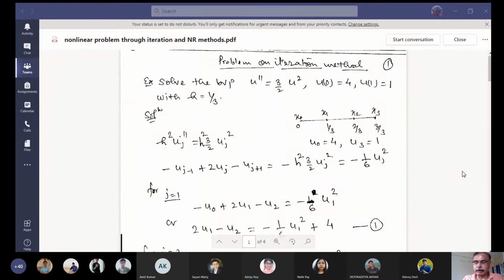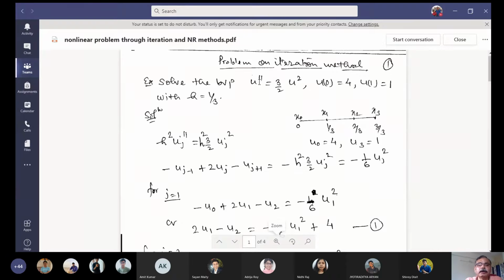That will be applied once the differential equation is discretized and you see it in the form of a certain number of nonlinear equations, and then we'll apply either the iteration method or Newton-Raphson. Newton-Raphson is the faster one, so we'll see the demonstration for both.